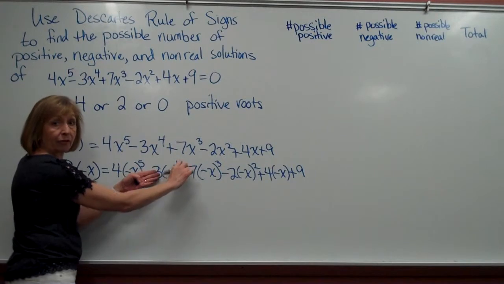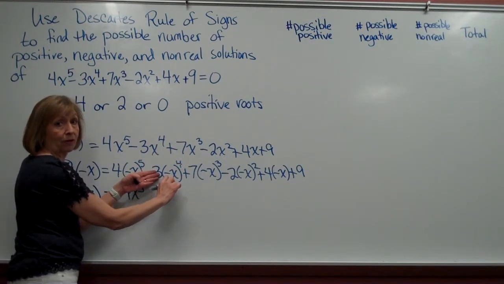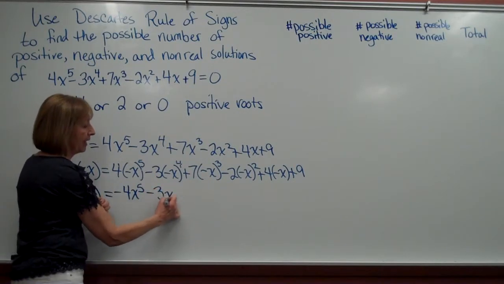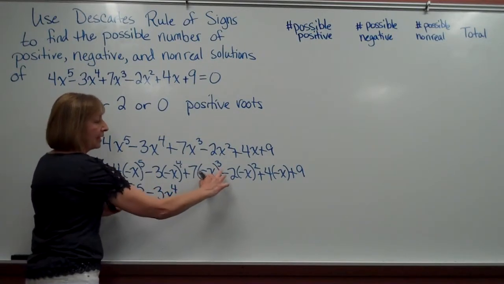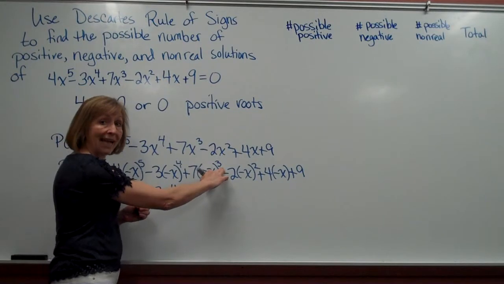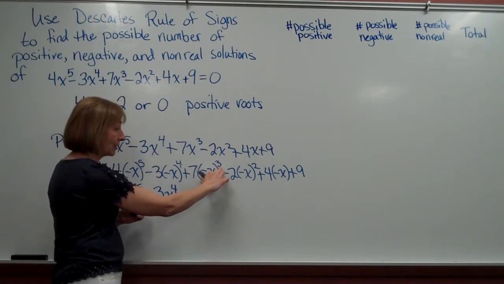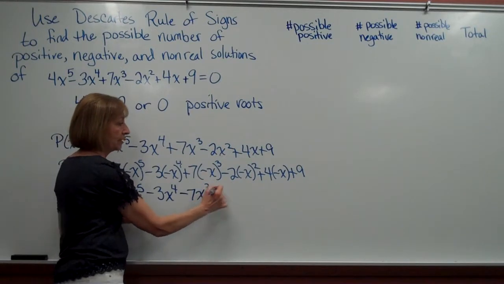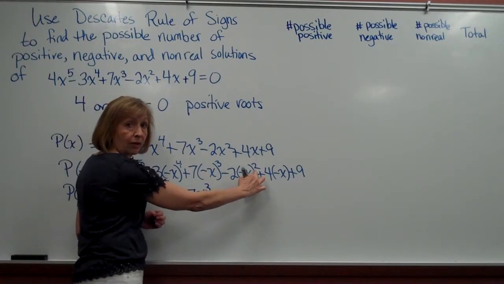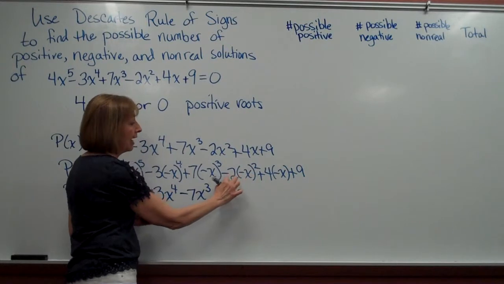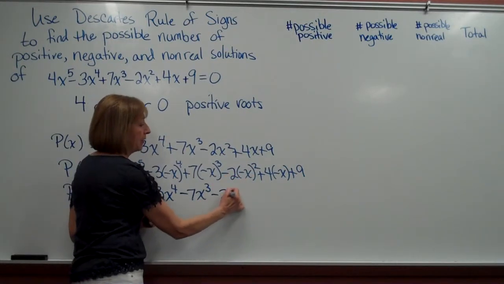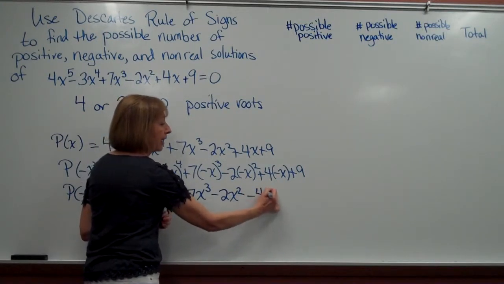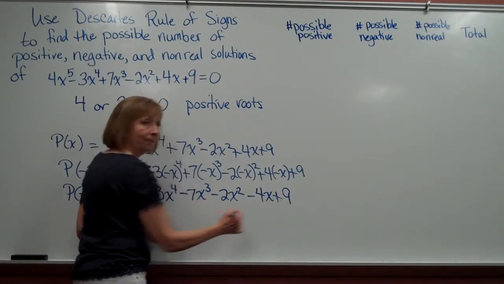Negative x quantity to the 4th will be a positive x to the 4th. So positive x to the 4th times negative 3 is still a negative 3x to the 4th. Negative x quantity cubed, it's an odd exponent, so that'll be a negative x cubed times positive 7, so that's a negative 7x cubed. Negative x squared is a positive x squared times negative 2, so that's a minus 2x squared. And then 4 times negative x is negative 4x, and then plus 9.